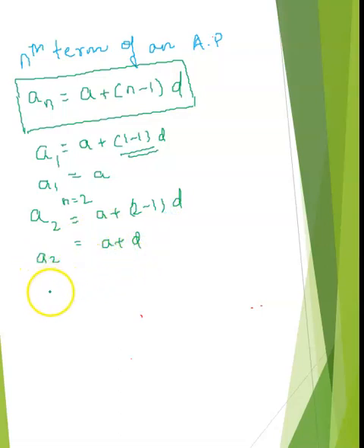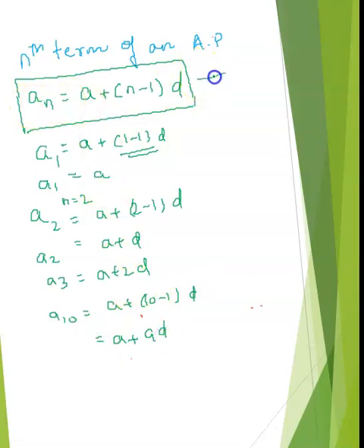Now I can directly write a3 is equal to a plus 2d. a10 is equal to a plus 10 minus 1 into d, which is a plus 9d. So using this formula, an equals a plus n minus 1 into d, I can directly write, in place of n you write 10, and 10 minus 1 is 9.